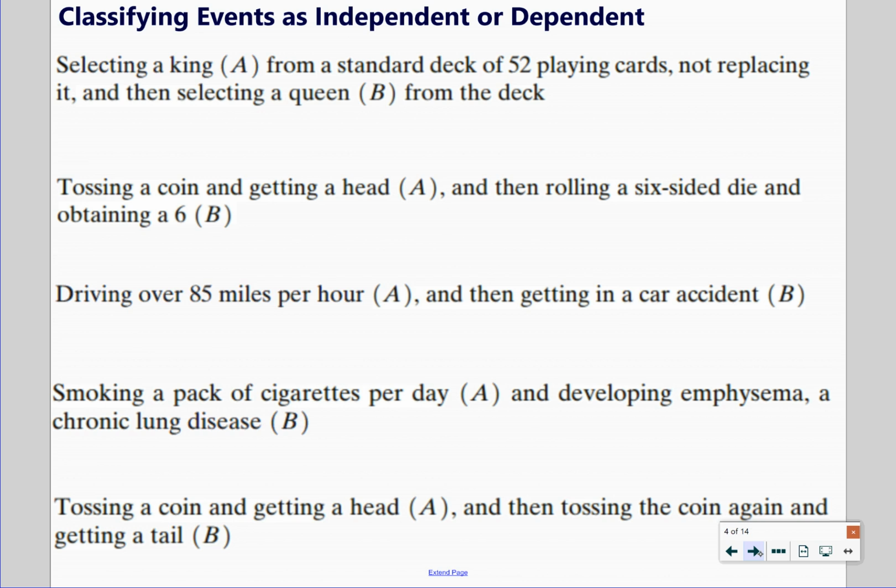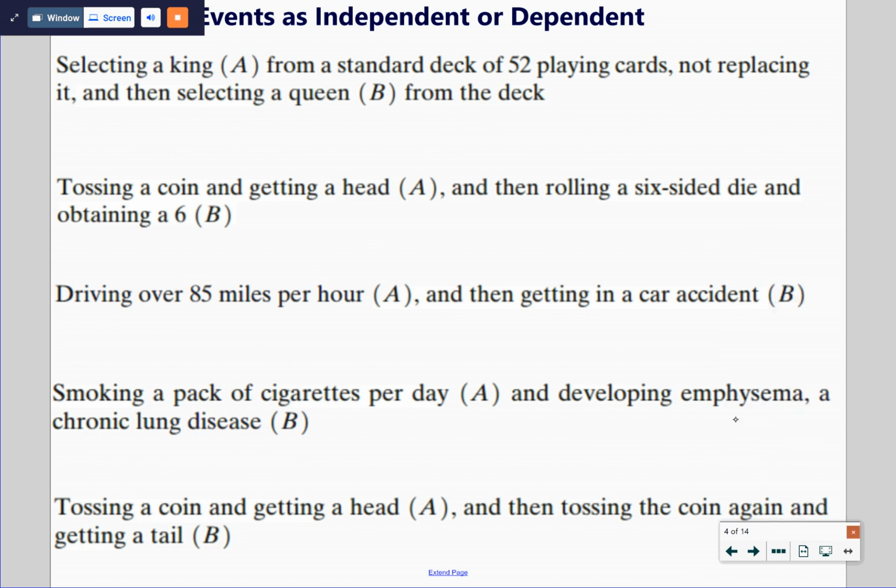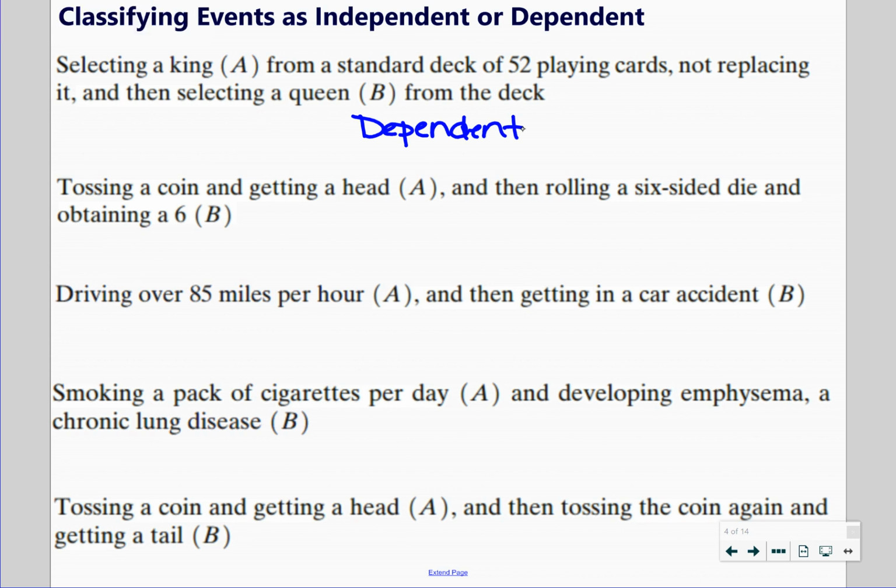Is that dependent or independent? They are dependent events because I did not replace. Good. Tossing a coin, getting a head, and then rolling a 6-sided die and getting a 6. Dependent or independent? They are independent. One does not affect the other.